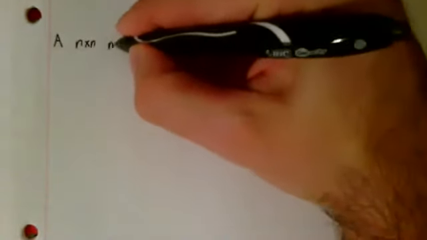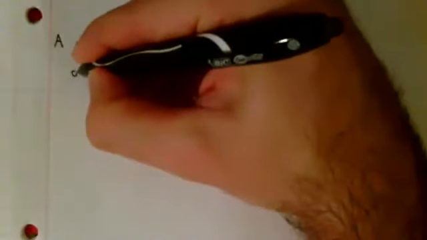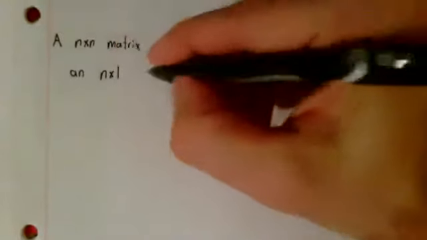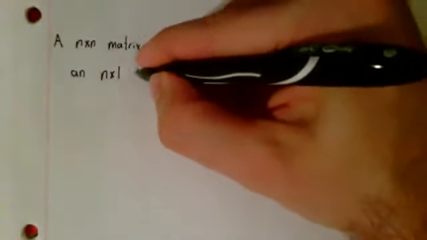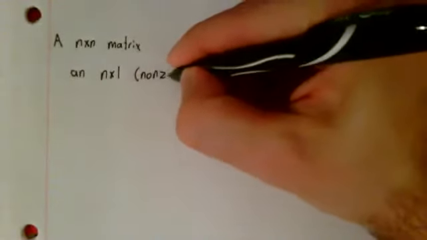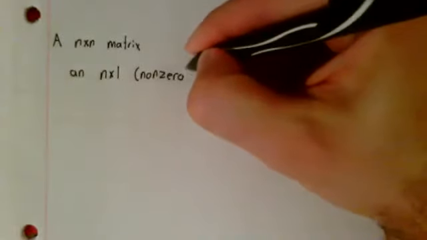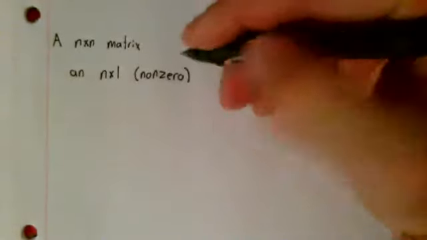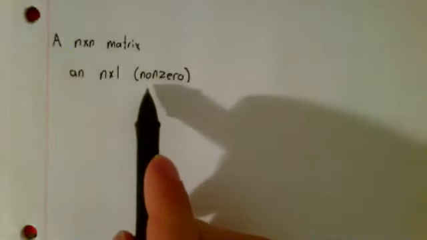let's define the following. Let A be a square matrix. Then a vector v, and this vector has one restriction. It has to be non-zero.